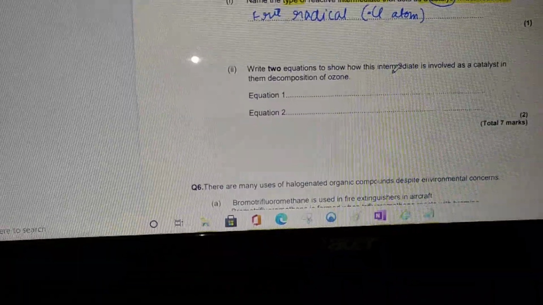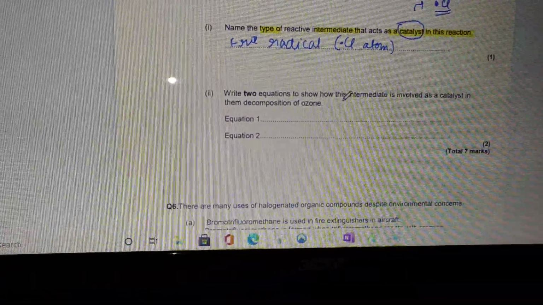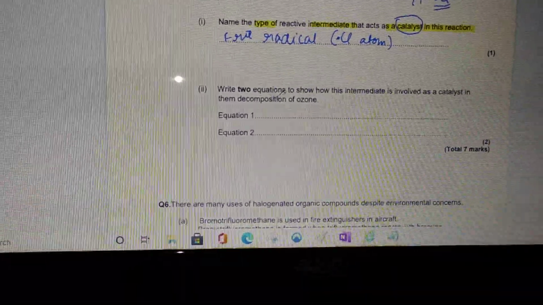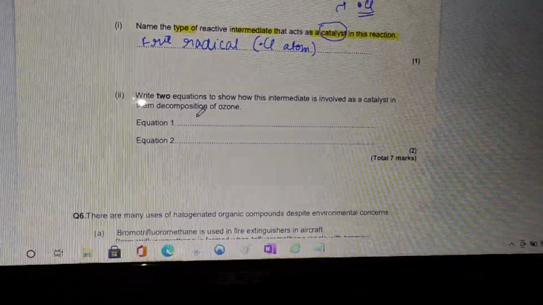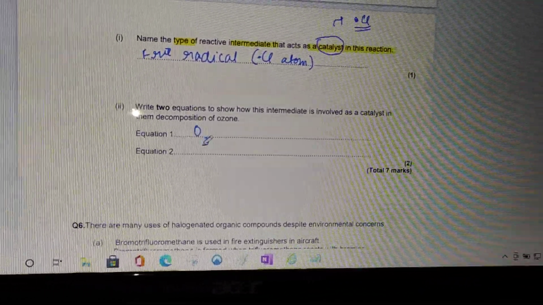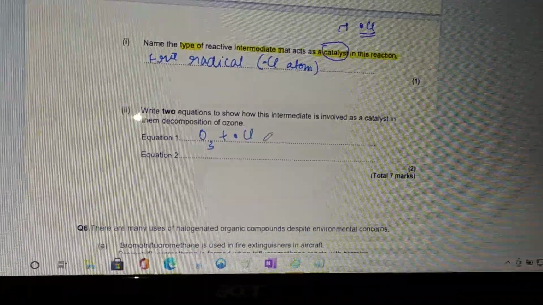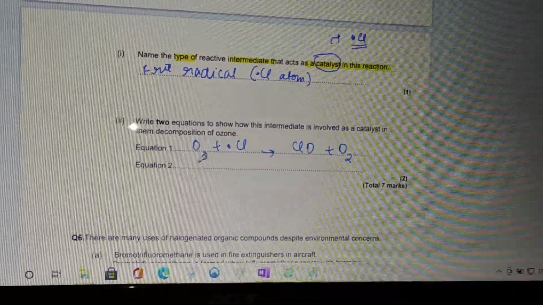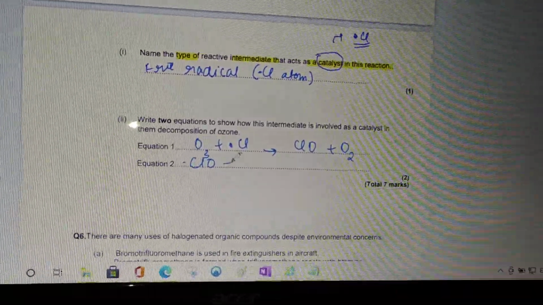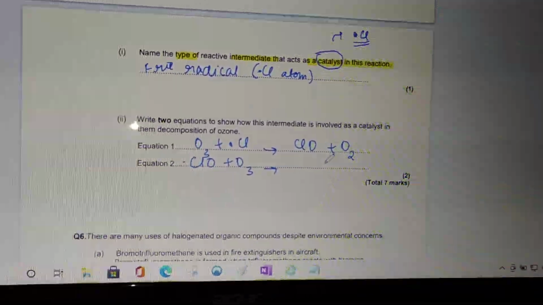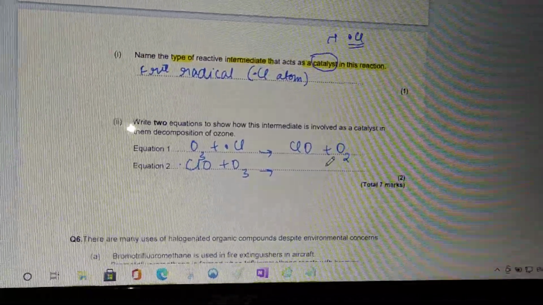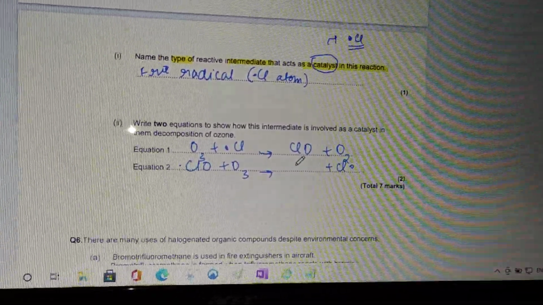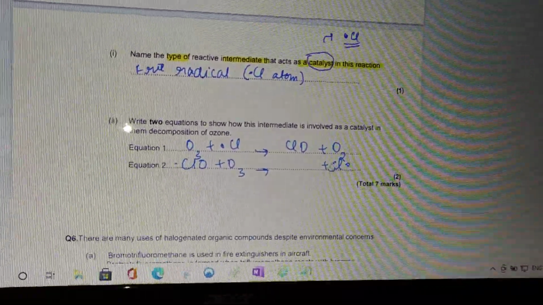Now, write the two equations to show how this intermediate is involved as a catalyst in the decomposition of ozone. Again, you have to write how, sorry.